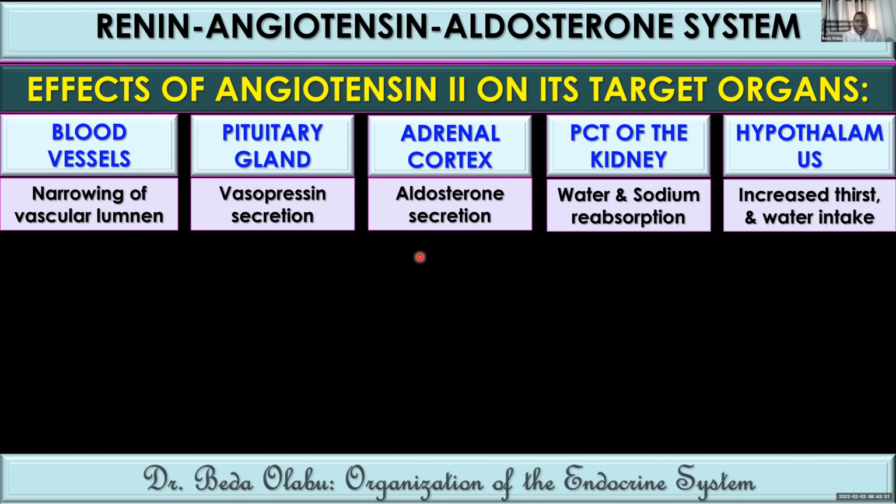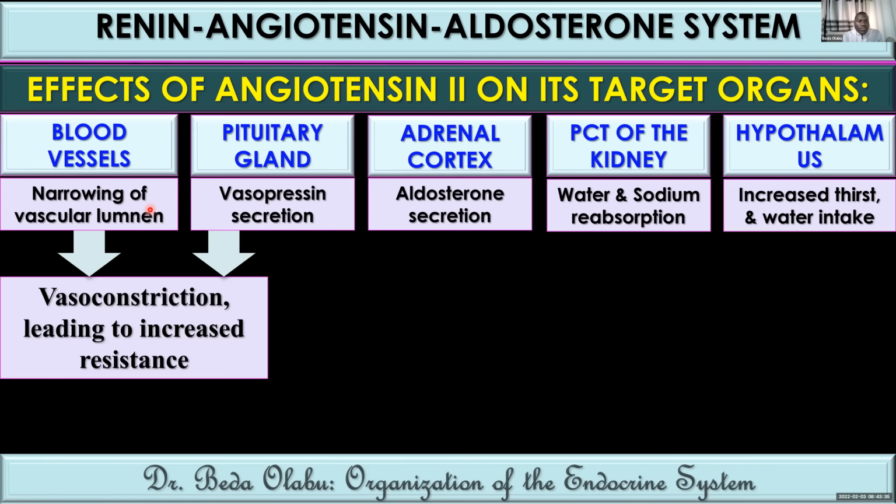Let's narrow down this effect this way. If you look at the first two, the narrowing of lumen, we've called that vasoconstriction. So angiotensin II acts on blood vessels to cause vasoconstriction. It also helps in promoting the secretion of vasopressin, which also causes vasoconstriction. So these two mechanisms lead to vasoconstriction.